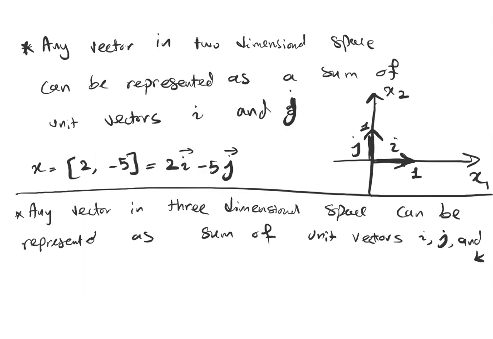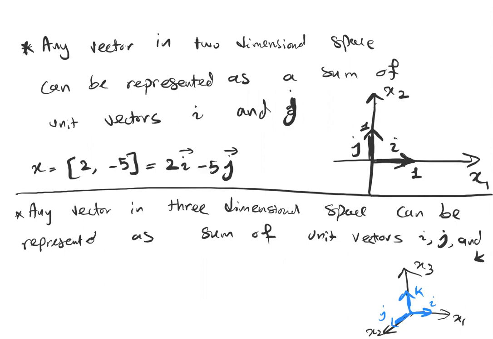So what are i, j, and k? We have this three-dimensional space, x1, x2, and x3. So we call this i, call this j, and we call this k.